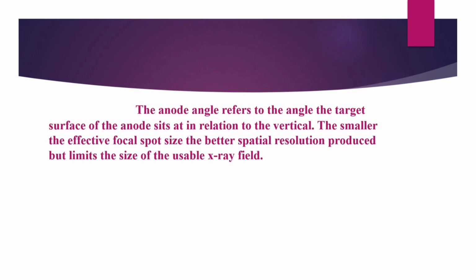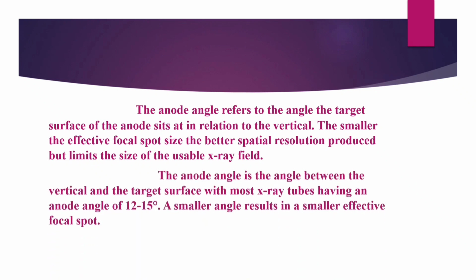Anode angle refers to the angle the target surface of the anode sits at in relation to the vertical. The smaller the effective focal spot size, the better the spatial resolution produced, but it limits the size of the usable X-ray field. Most X-ray tubes have an anode angle between 12 to 15 degrees.